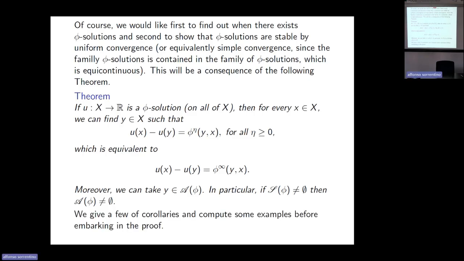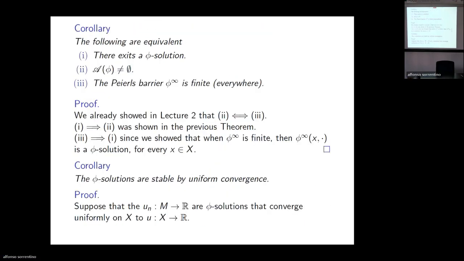Now, we'll give a few corollaries and compute some examples, and after that, I'll give you the proposition. So the following are equivalent. One, there exists a phi solution. Two, the Aubry set is not empty.